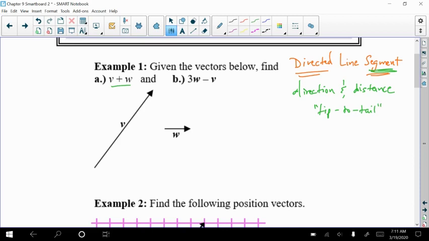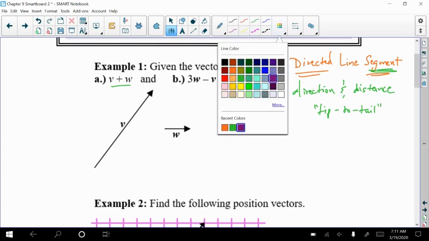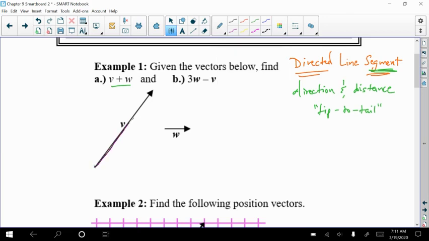So if I wanted to add v plus w, I just want to copy v here so I have a good representation of it. So here's vector v, and then I could add to it vector w, which is this one, and I would simply put it on the end.